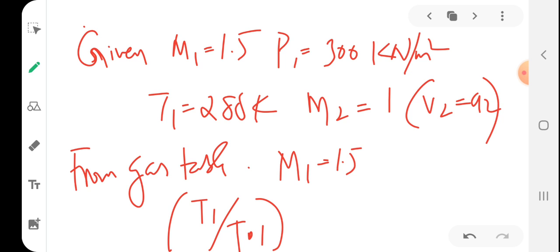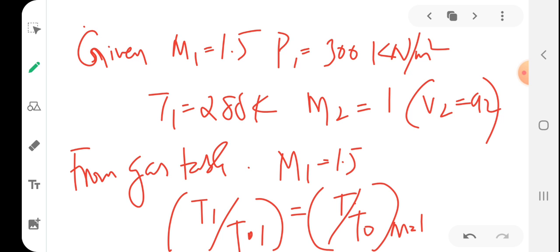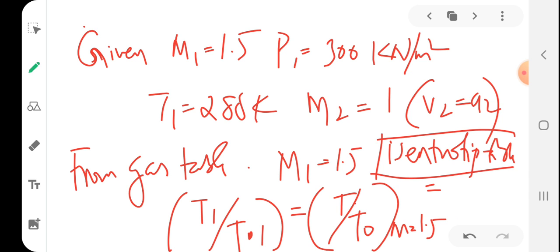This is the stagnation temperature ratio, and you will get it from the isentropic table. Always, the stagnation temperature ratio you get from the isentropic table only.